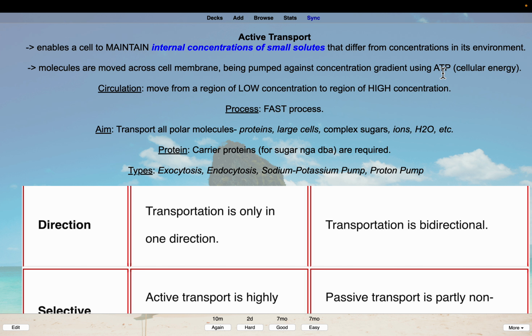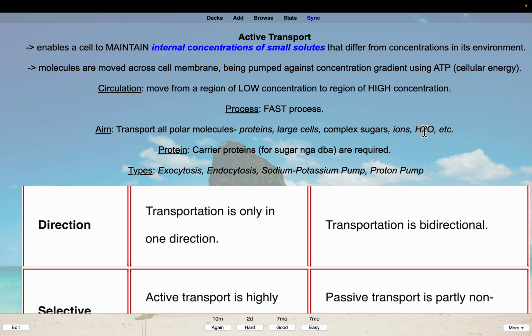For the circulation, there's a movement from a region of low concentration to a region of high concentration. The process is really fast, basically, and the aim is to transport all polar molecules, basically proteins, large cells, complex sugars, ions, water, etc.